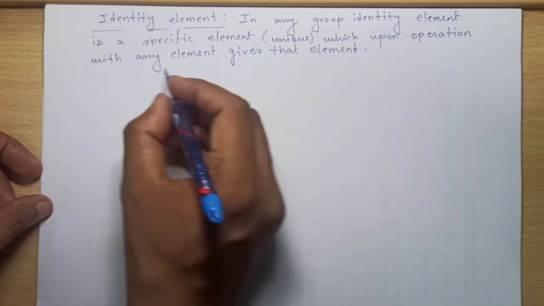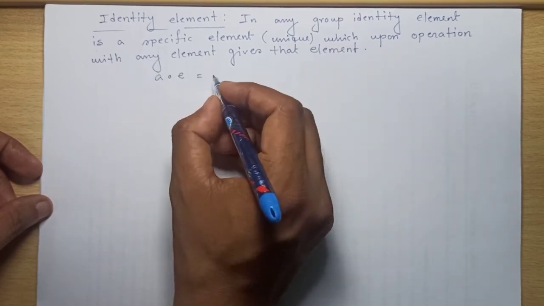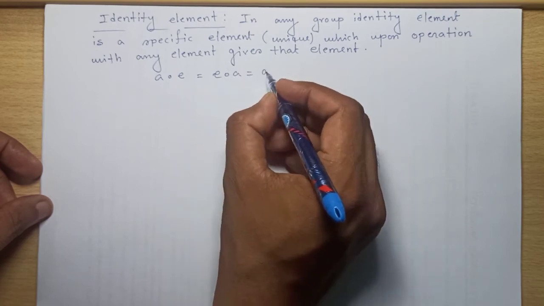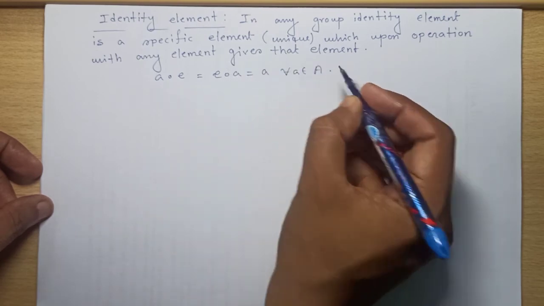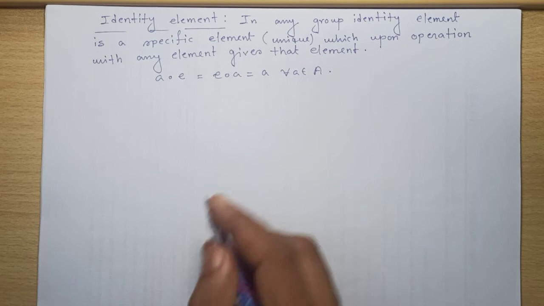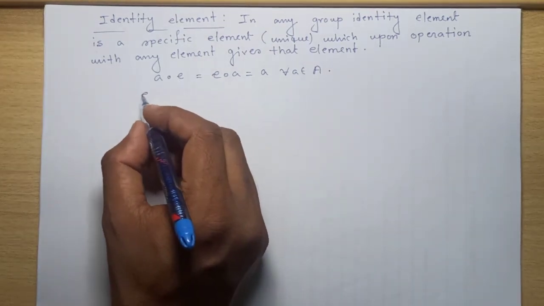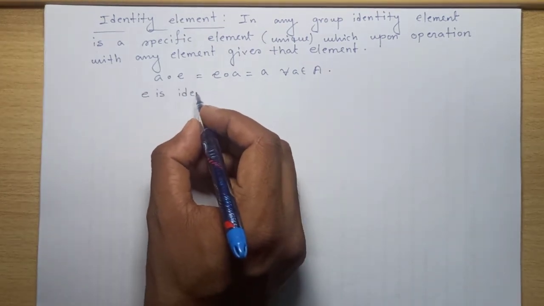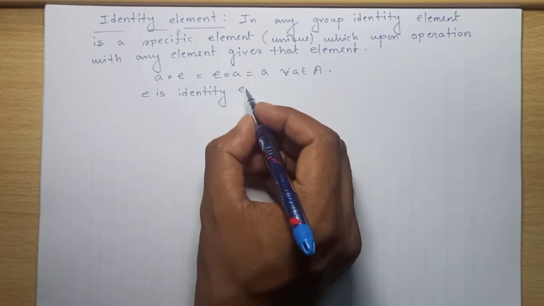That means a compose e equals e compose a equals a for all a belonging to capital A. This is the identity element. That means small e is here the identity element.